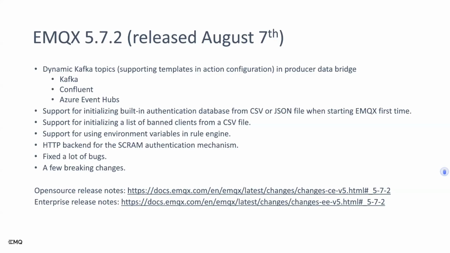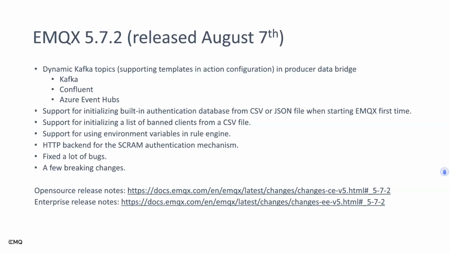When you want to send some data to Kafka, Confluent Kafka, or Azure Event Hubs through Kafka protocol, you can use properties of the MQTT message to create the topic name dynamically in real time. It should be helpful in many scenarios when you need to route different messages to different topics and you don't want to configure a gazillion different rules for that.